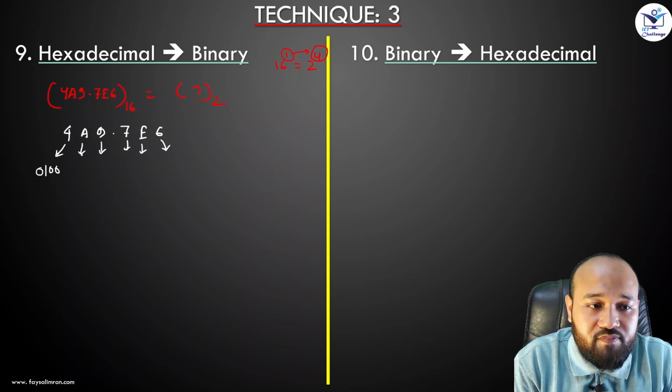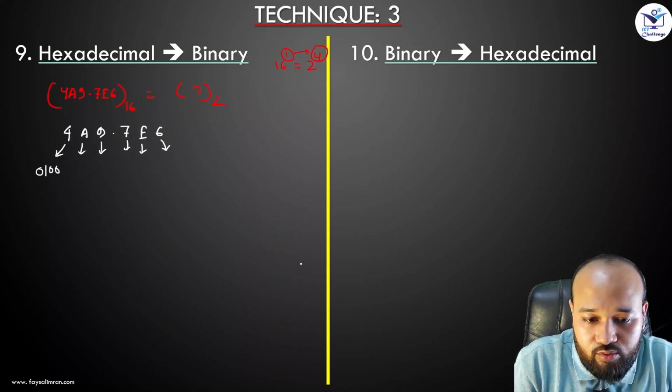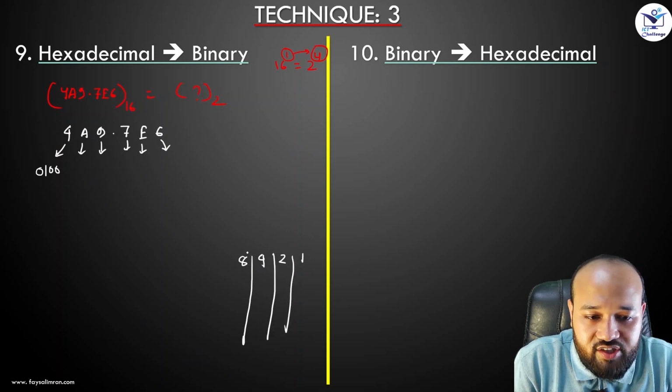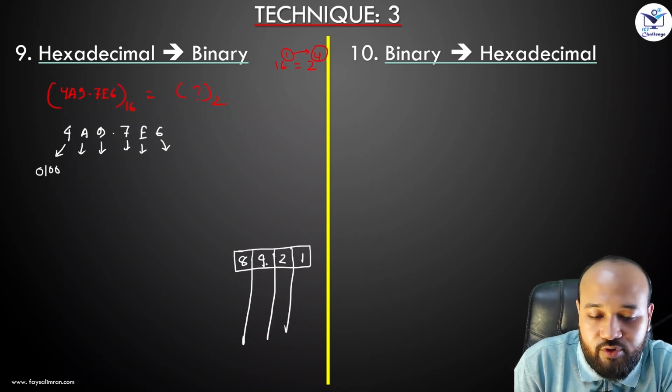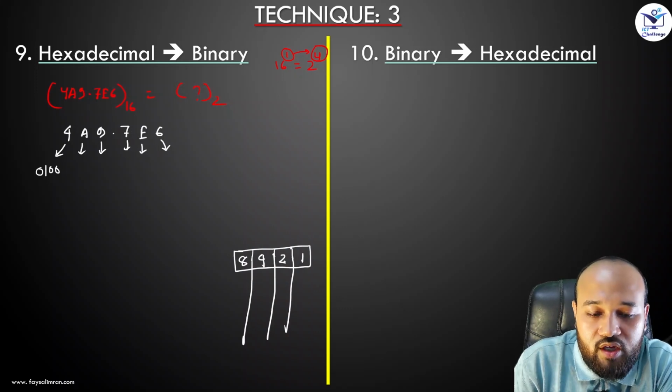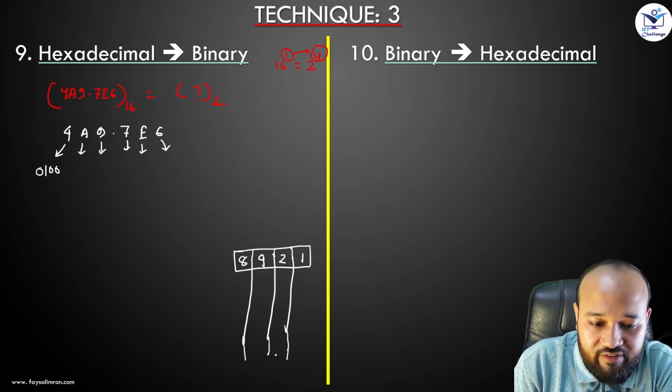Also we need the binary for A, so now we have to write the chart 1 2 4 8. We already know that the hexadecimal number system contains the values 0 to F, that means up to 15. If we add all of the headlines, 8 plus 4 is 12, 12 plus 2 is 14, 14 plus 1 is 15, that means this chart is applicable for the hexadecimal number system, because all of the digits will be available in hexadecimal.